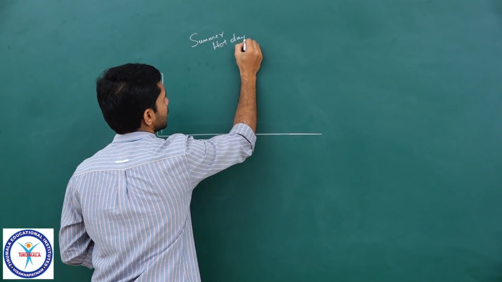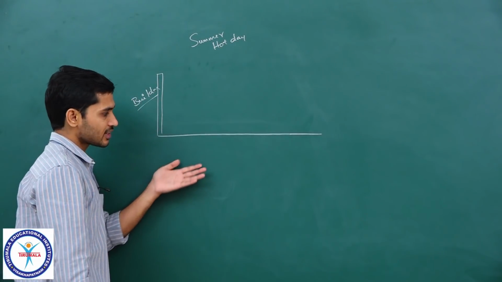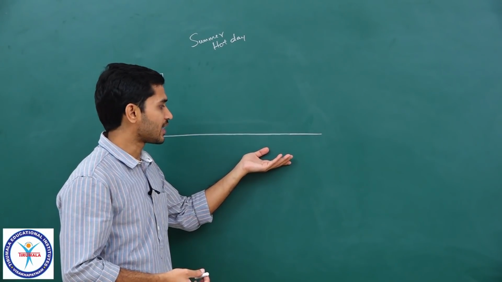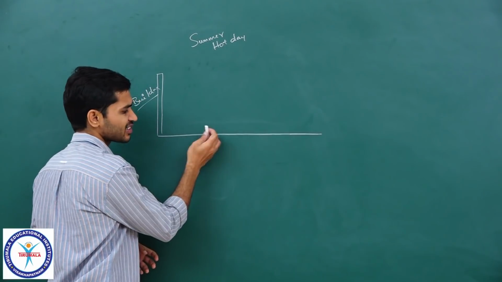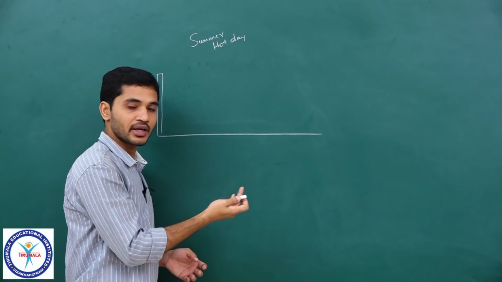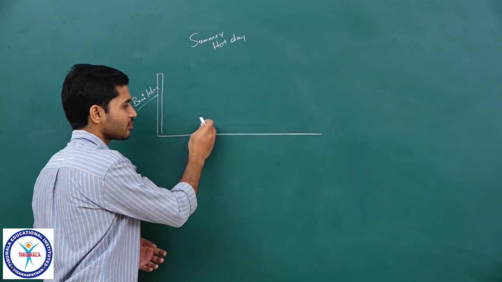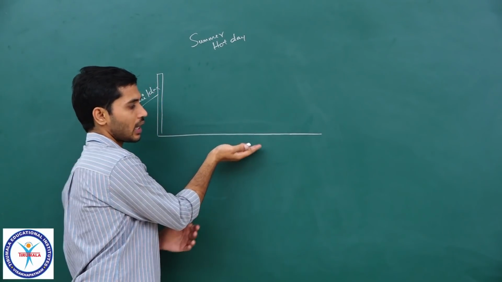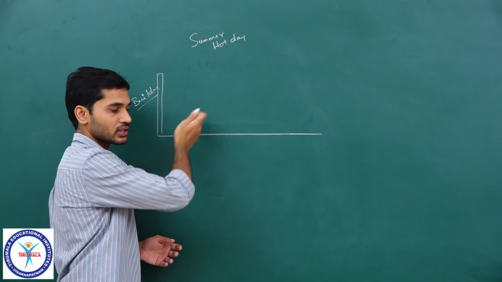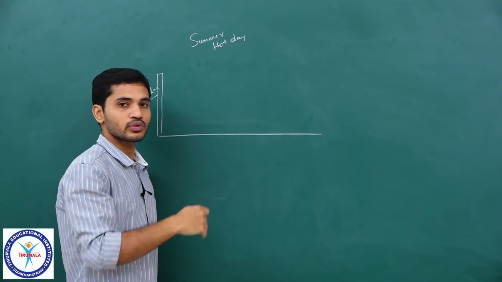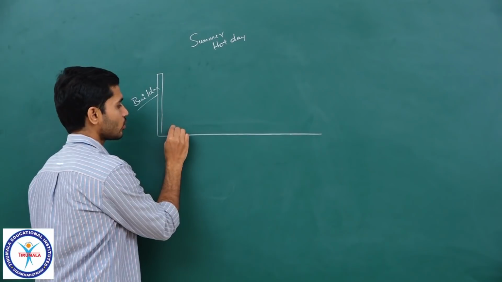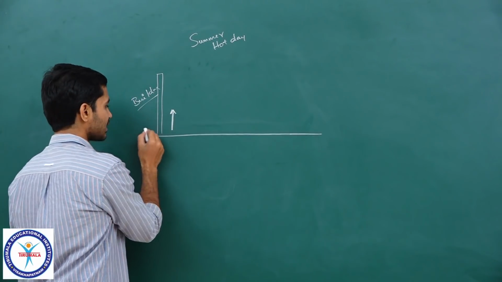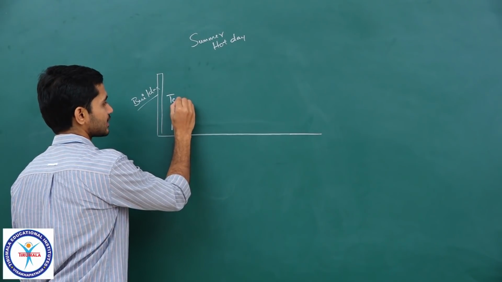What happens during summers is that the ground generally gets heated up fast, and as a result the air which is very close to ground will have high temperature, and because of high temperature, the density of air will also be lesser. So, as you go up from the surface of earth, the temperature decreases. So, as I go up with altitude, we can say that the temperature decreases.